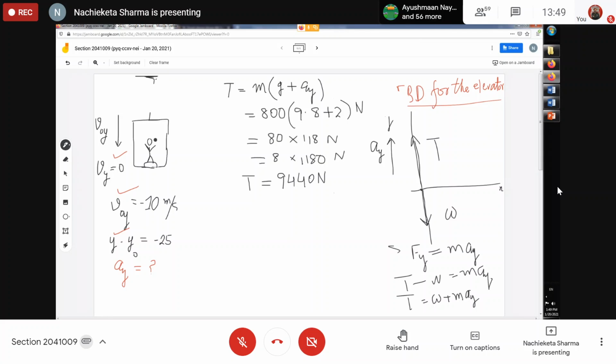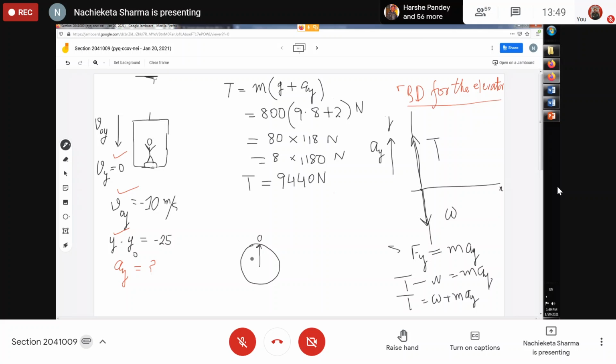Okay, now how are we going to measure something? Now suppose this is a weighing machine, then when you are not standing on it, the needle is pointing 0, isn't it? But when you stand on it, you are actually exerting a force on the bathroom scale.